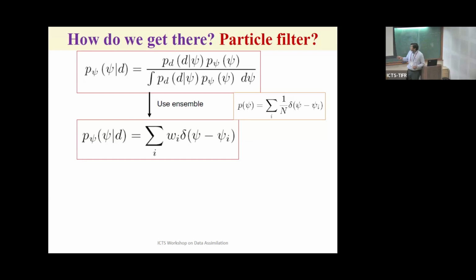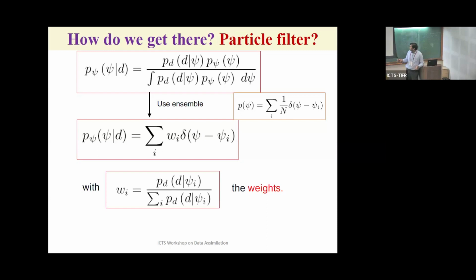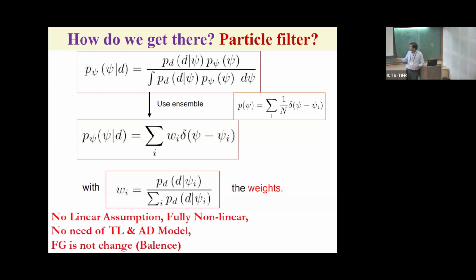Now these weights are given based on the likelihood, because we have an observation at a time step. So my weights are mostly based on my likelihood distribution.